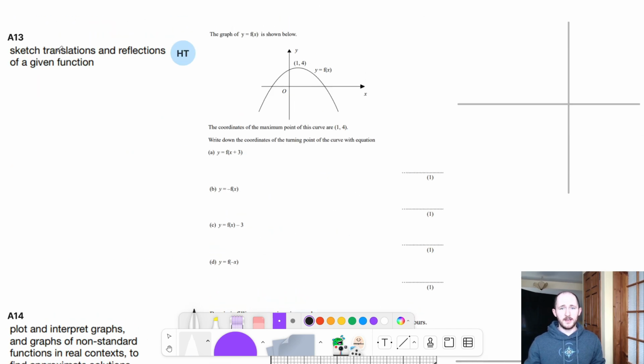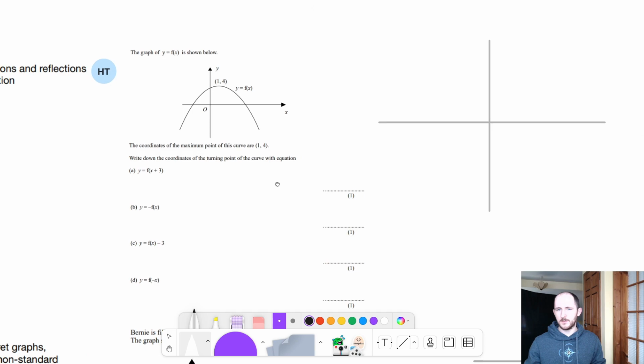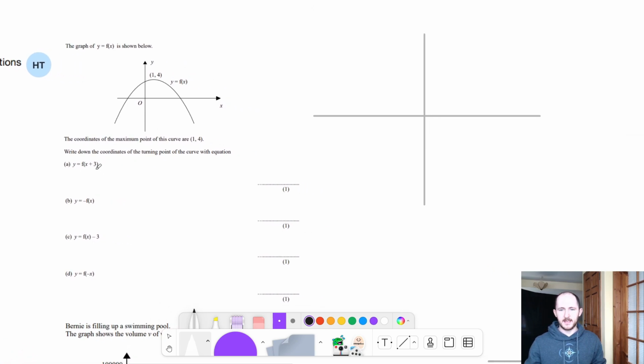Now for higher tier only, you need to be able to translate and reflect any kind of function. So here I've drawn it out for you. The key thing to remember here is that if the thing is on the inside, it affects x and it does the opposite. So what this means here is you're going to minus 3, because it says plus 3, from x. So this is a translation. Literally what you'd do is pick up this U shape.